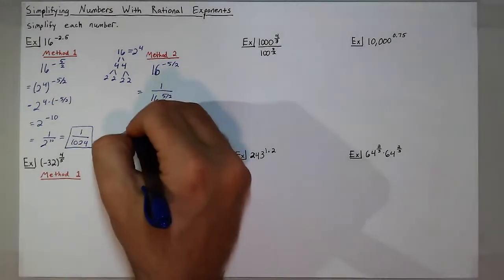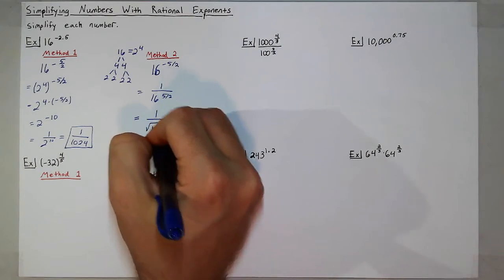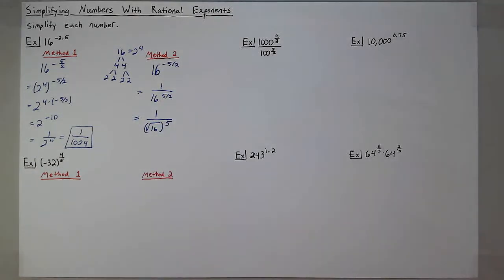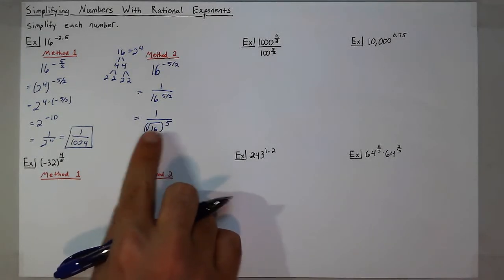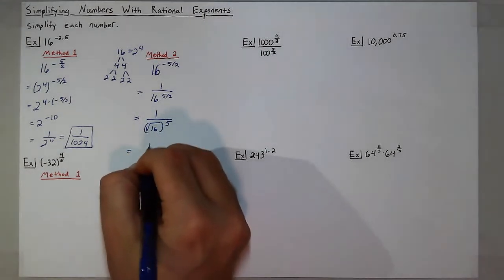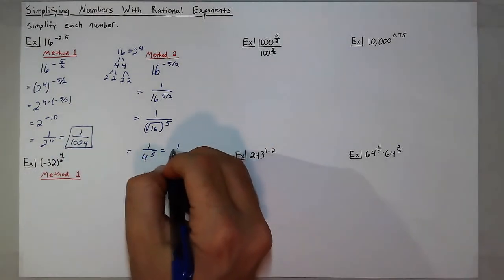Whenever I'm simplifying numbers, I typically put the radical by itself, in parentheses, and then I raise it to the numerator power. It usually makes the math a lot easier because you're going to make your number smaller before it gets bigger. The square root of 16 is 4, which gives me 1 over 4 to the 5th. And 4 to the 5th power is 1024.